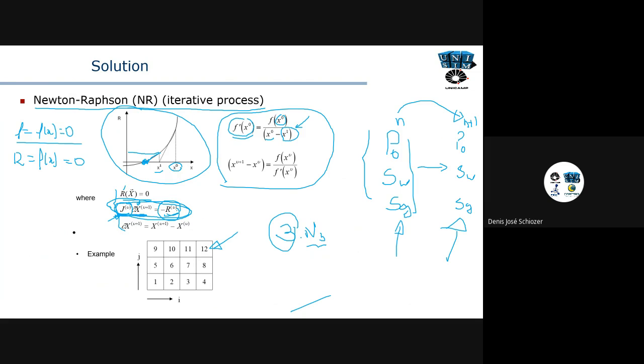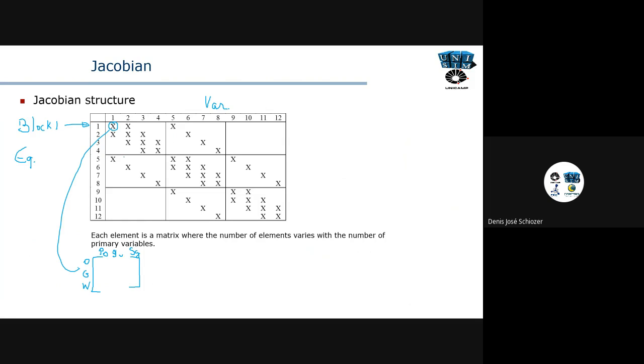We're going to calculate the residuals. We're going to calculate the derivatives. And we're going to calculate the new X, which is the new pressure and saturations. But when we have a grid block like this, I'm saying that we have these terms here. Why do we have 5 diagonals here, or more simply, why for block 1 do we have terms here 1, 2, and 5, and here 0, here 0, 0, all the rest here is 0? Can you explain to me how the rest is 0?